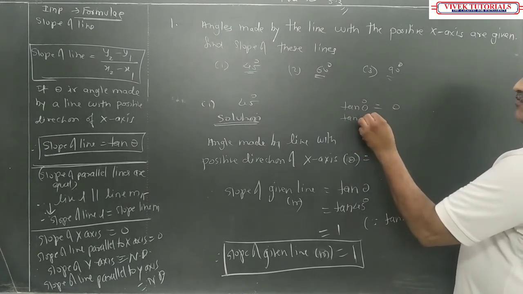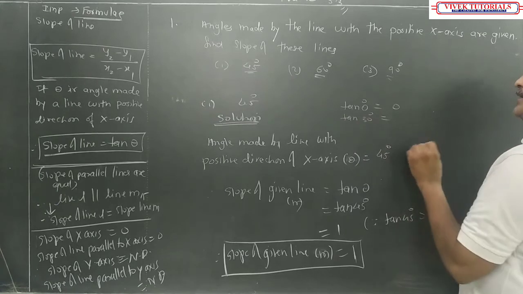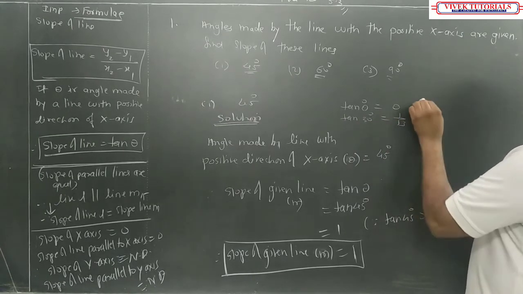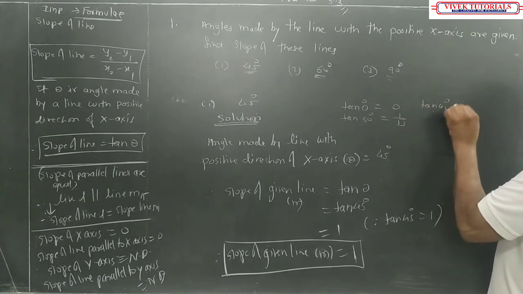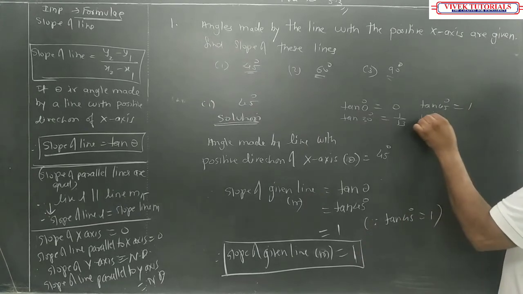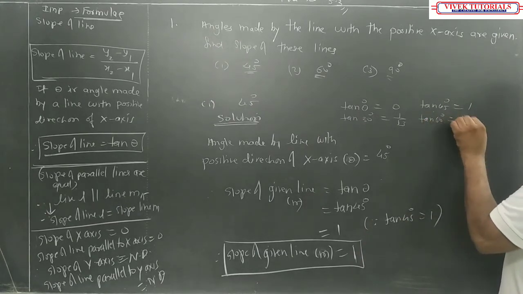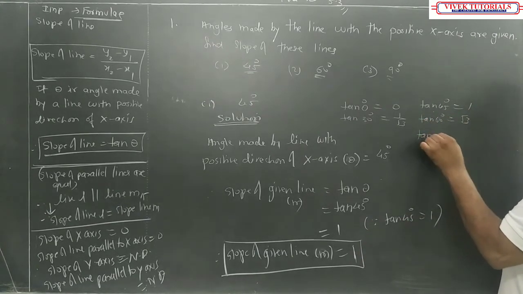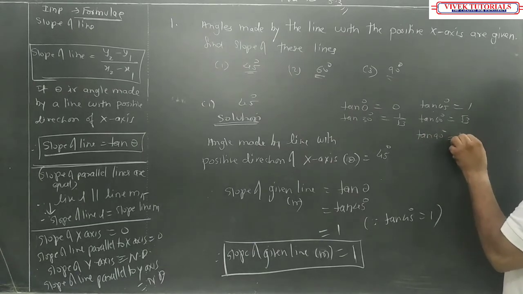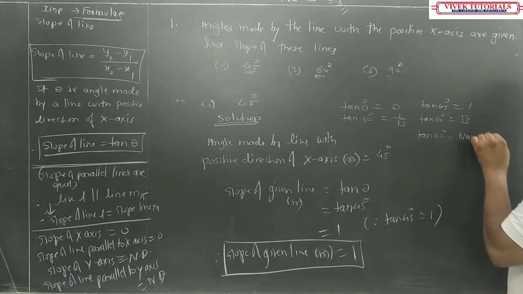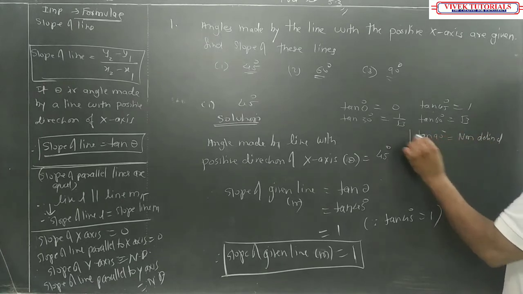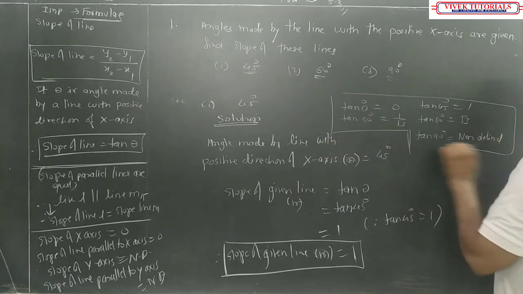Tan 30 degree is equal to 1 upon root 3. Tan 45 degree is equal to 1, what you have written. Tan 60 degree is equal to root 3. And tan 90 degree is equal to non-defined. So write all these things down too.